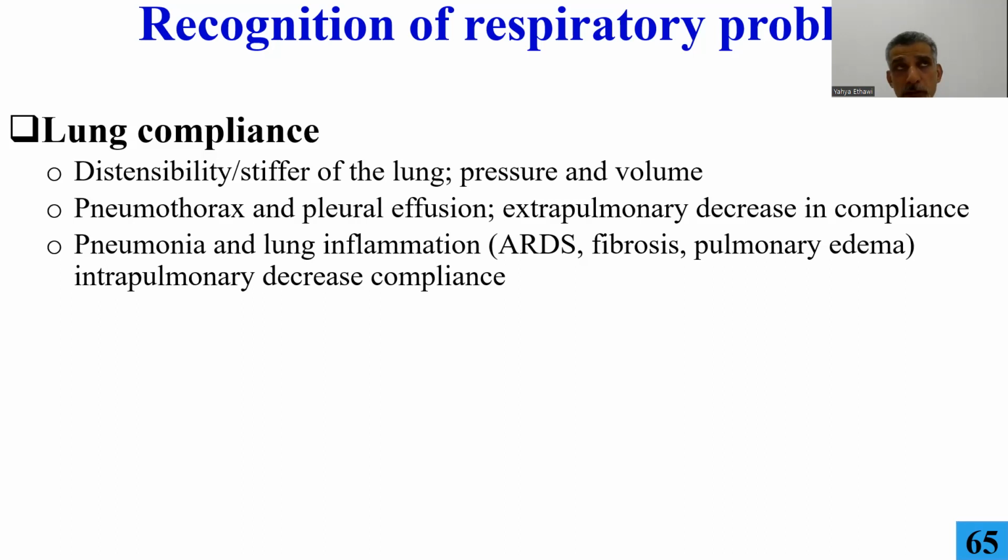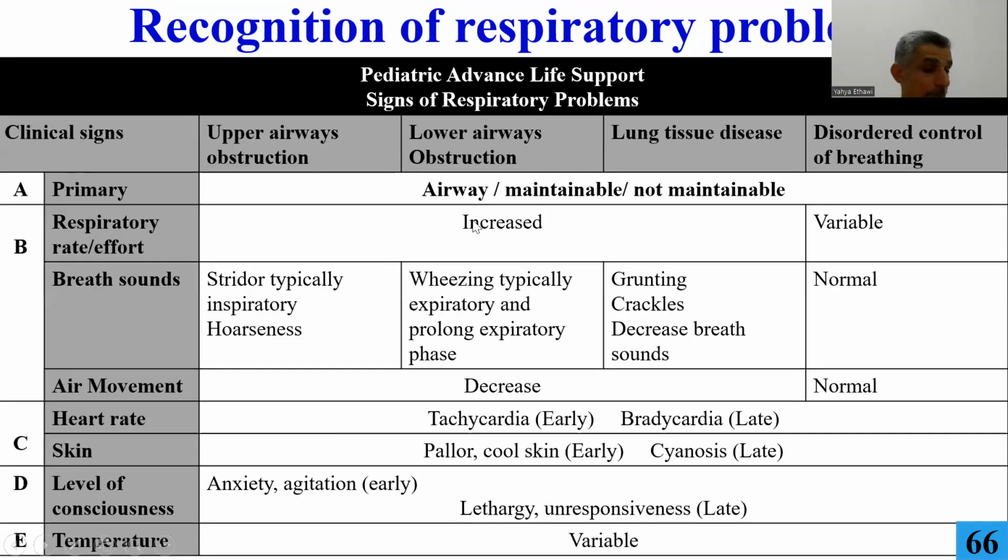Pneumonia and lung inflammation cause atelectasis, such as ARDS, fibrosis, and pulmonary edema, all cause atelectasis of alveoli and decrease volume. So anything that interferes with volume will change the compliance, whether it's intrapulmonary or extrapulmonary.